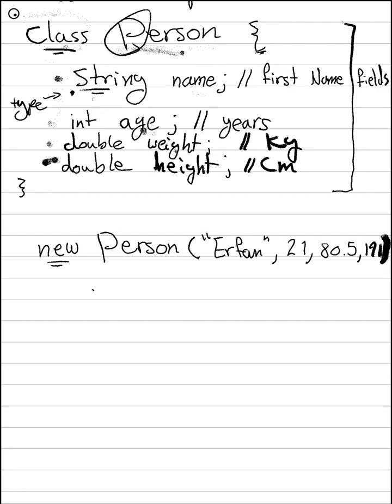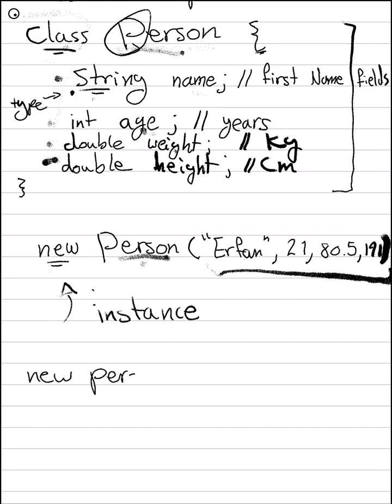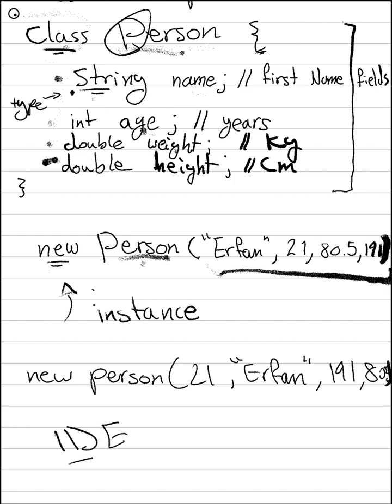And so with this, Java knows, okay, you want me to create a new instance of a person class, and these are the data that you want to give it. If for whatever reason you make a mistake and you write new person, and instead you write like 21, then Irfan, and then like 191 and 80.5, the IDE, whatever you're programming in.